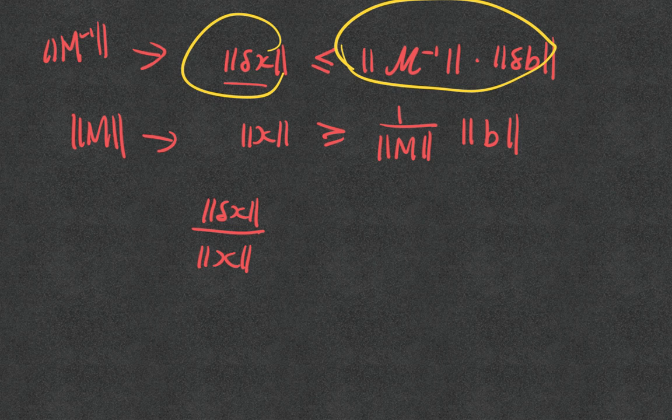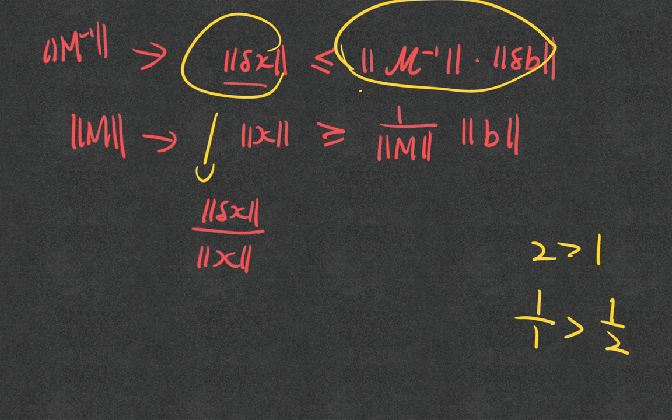Can I actually derive the inequality coming from this? So let me give an example. 2 is greater than 1, right? I think we all agree with that. So 1 divided by 1, however, is greater than 1 divided by 2, right?